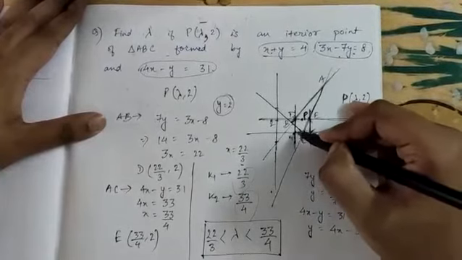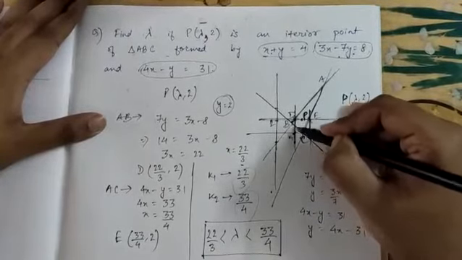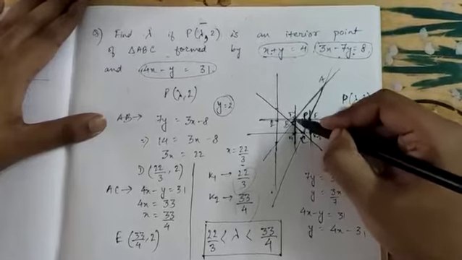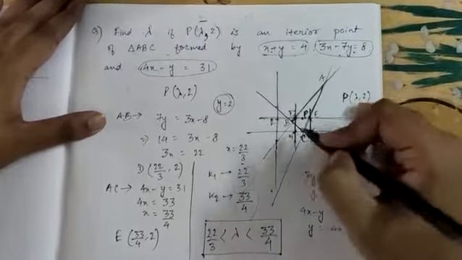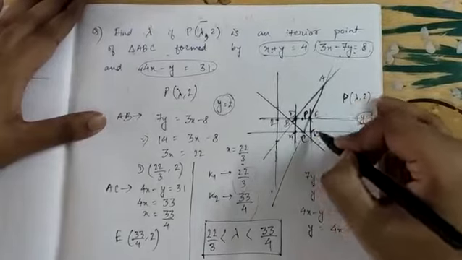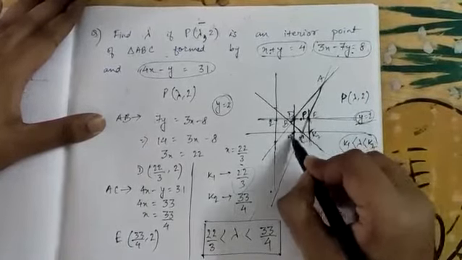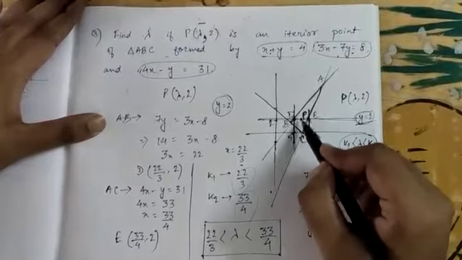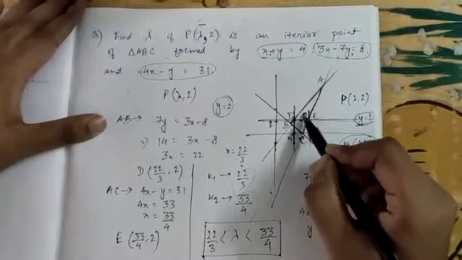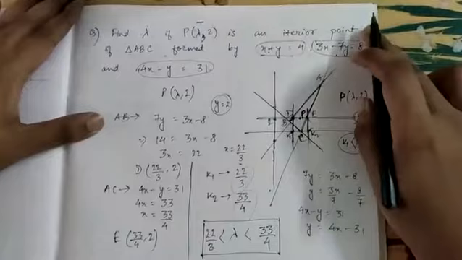Those two points that you get will be the range in which the abscissa of the interior point will lie.